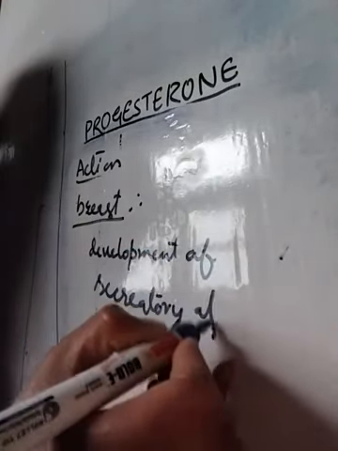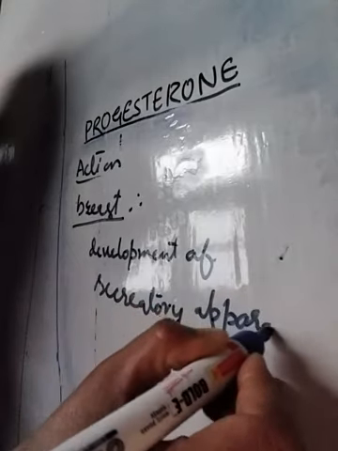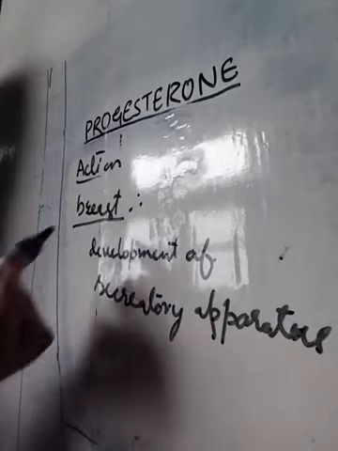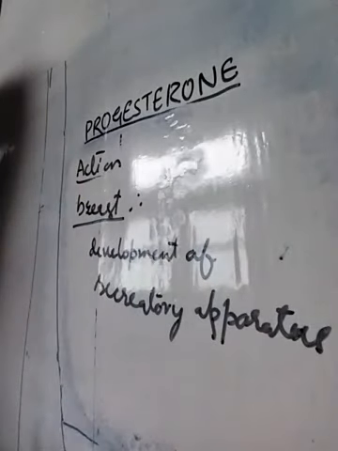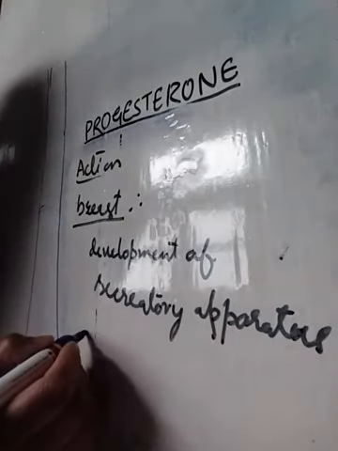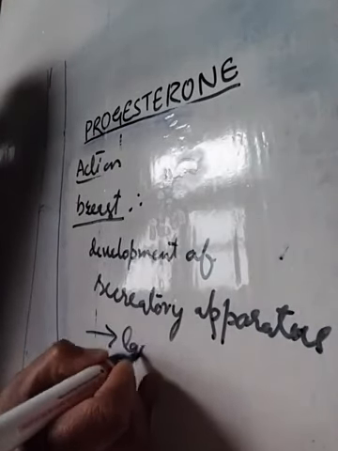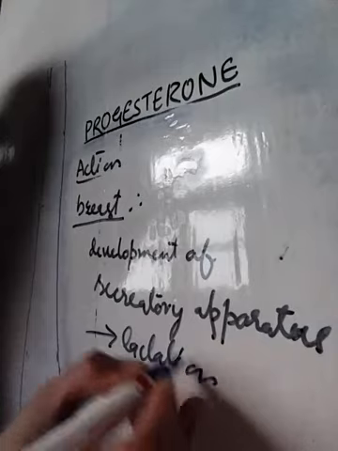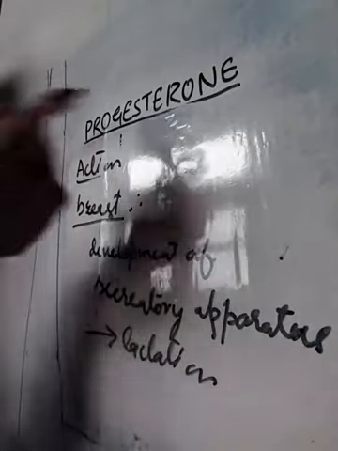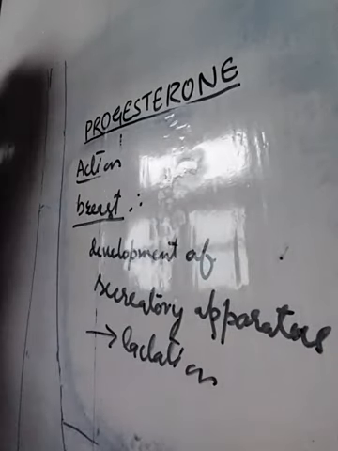Secretory apparatus means progesterone is responsible for the changes in the breast which prepare the mammary glands for lactation for the child. So these actions are performed by the progesterone.